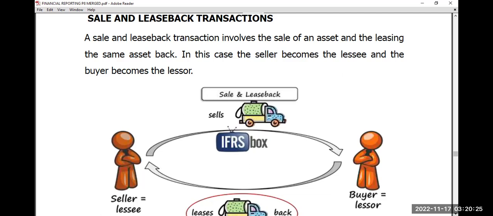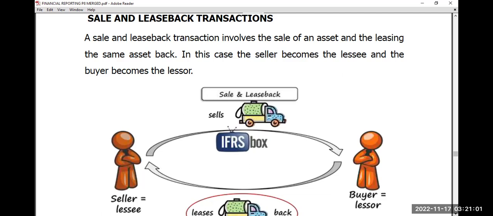Meaning that the person who was the owner will now be the lessee, because at the end of the day, you sold the assets to a given person, and that person is going to give you these assets under the terms of the lease arrangements. There are also other advantages and disadvantages associated with this, but it is one of the ways you can acquire cash.